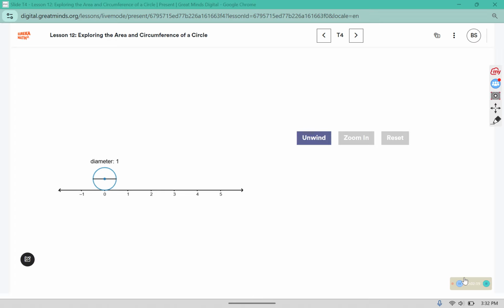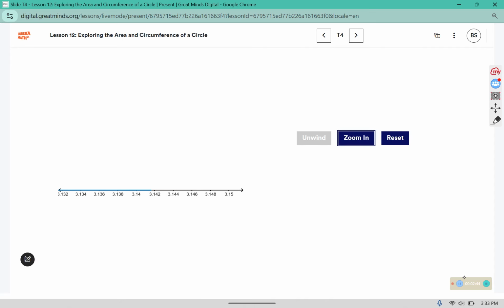Here it gives us the ability to unwind that circle. And you can see that it ends up just a little bit past 3. And it's a little bit past 3, but not quite to 3.2. So there's that 3.14 approximation that we've been using.